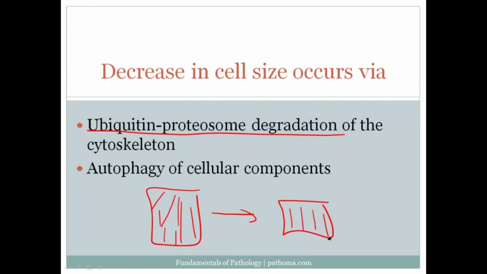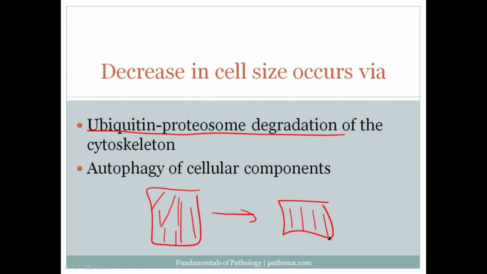Ubiquitin is a protein, I kind of think of it as a post-it note. It's a protein that gets posted onto the intermediate filaments of the cytoskeleton, and the proteasome is an organelle present within the cell that recognizes ubiquitin tagged proteins and then trashes those proteins and destroys them.